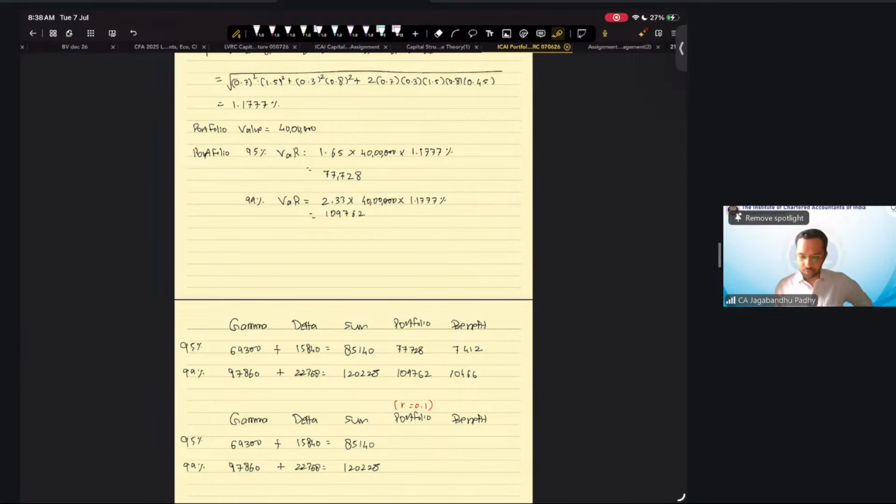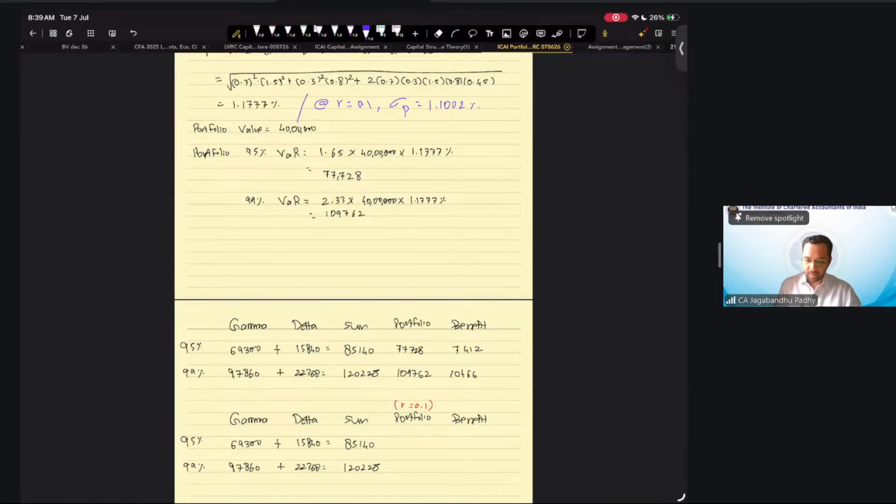Yeah, what's the portfolio standard deviation at a correlation of 0.1? How much is it? 1.1002 percentage.